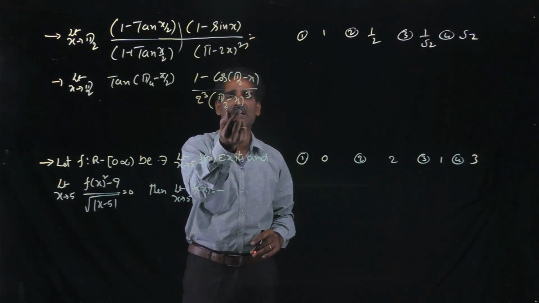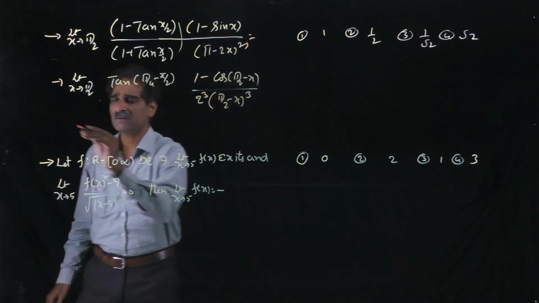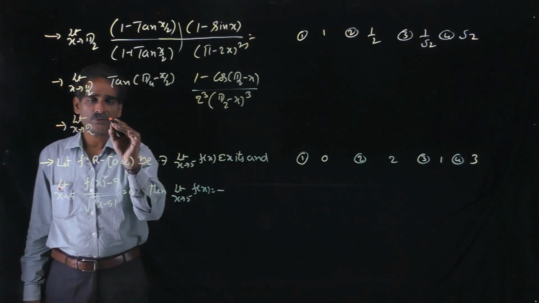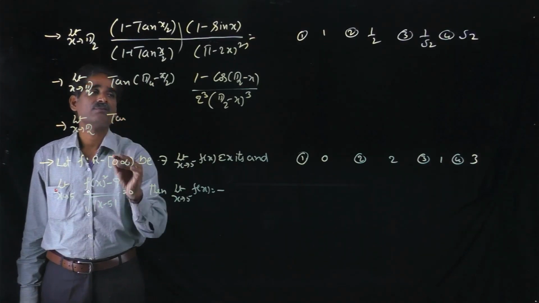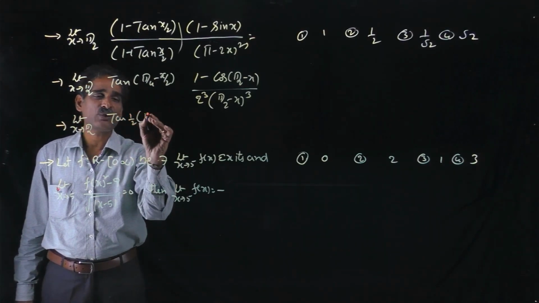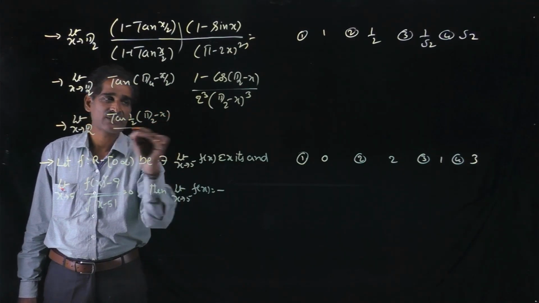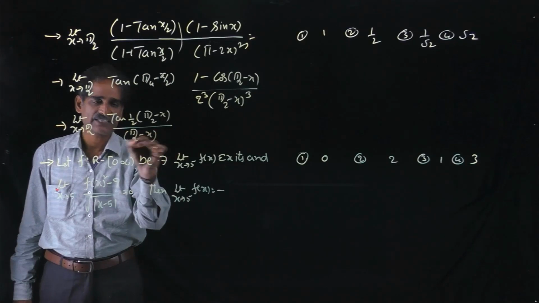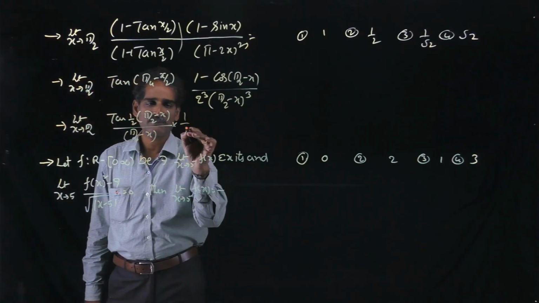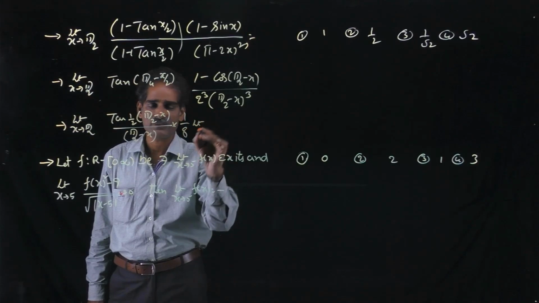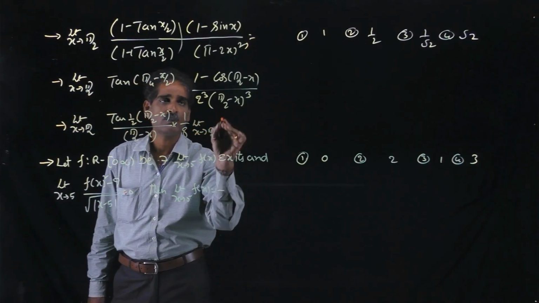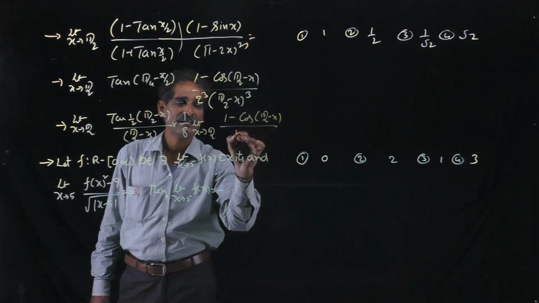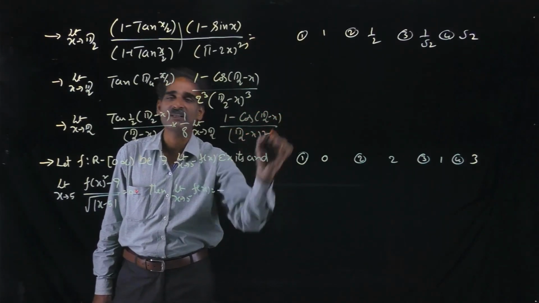Just adjust 1 theta for this function. That's what will happen. Limit x tends to pi by 2: tan of 1 by 2 into (pi by 2 minus x) divided by (pi by 2 minus x). And at the same time, again apply the limit also, for x tends to pi by 2, 1 minus cos of (90 minus x) by (90 minus x) whole square is there.